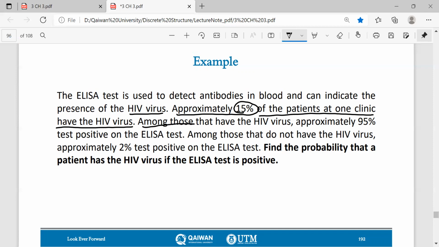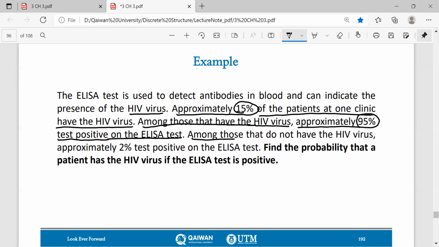Among those that have the HIV virus, approximately 95% test positive on the ELISA test. We have only 95% positive tests among those that have the HIV virus.